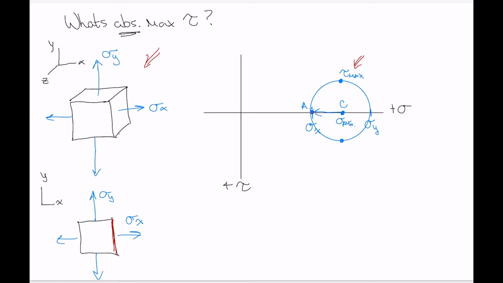There's a larger shear stress that you're not seeing by drawing the Mohr's circle for this particular in-plane element.